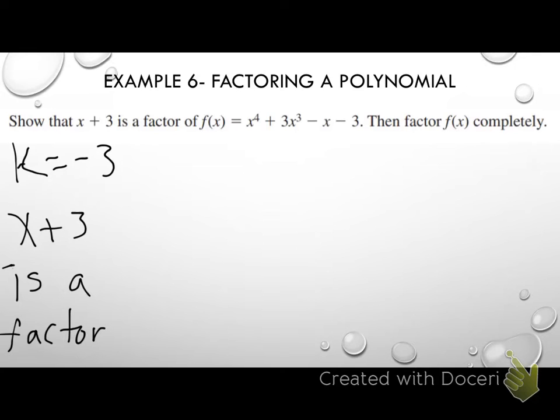Do I have any GCFs on f of x that I could factor out right off the bat? Nope. I don't have a number that goes into 1, 3, -1, and -3 besides 1, correct? And they don't have any x's in common.